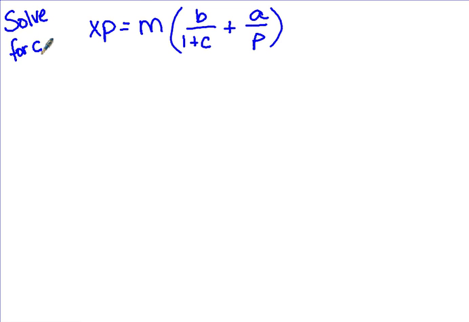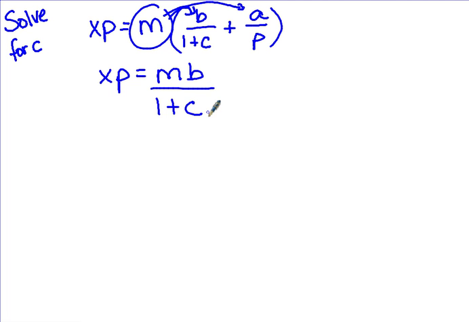So the first thing we're going to do is distribute. We're going to distribute this m into each term. That will give me xp equals mb over 1 plus c plus am over p.